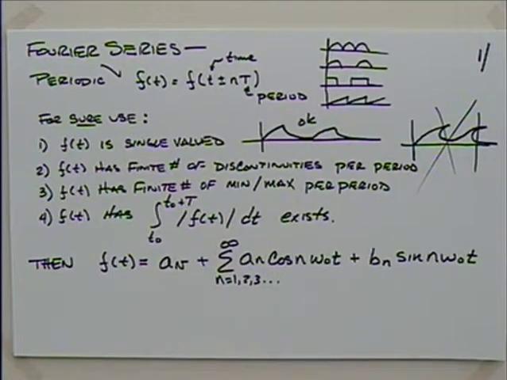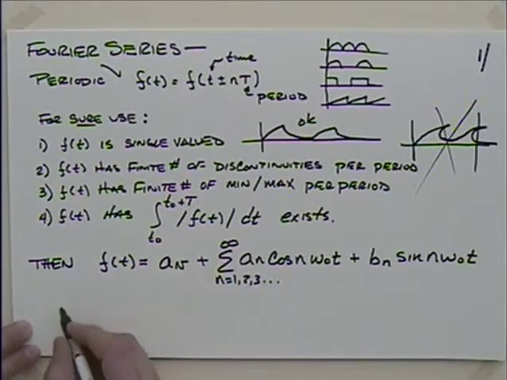A computer, you could do 300 or 400 or 3,000 or 4,000 or 300,000 or 400,000, and you will not be able to distinguish it from the actual wave. So you really don't have to get very far out to infinity to get a pretty good fit. But if you go to infinity, this is indeed actually equal.